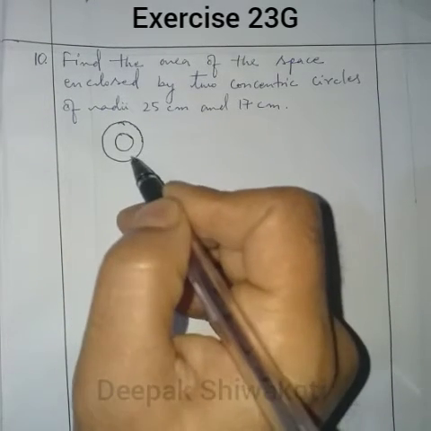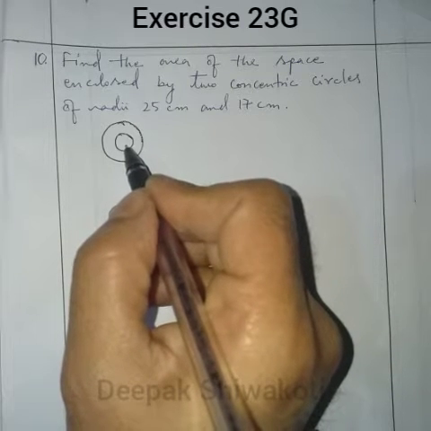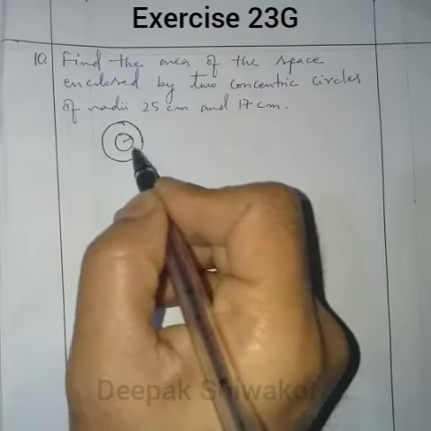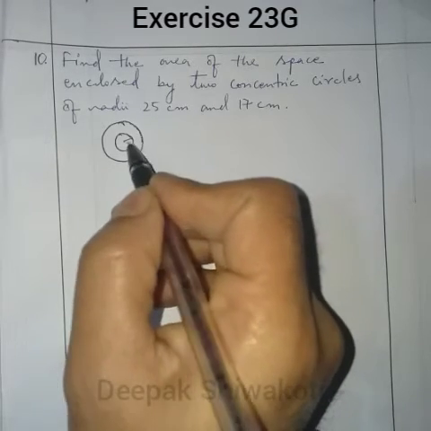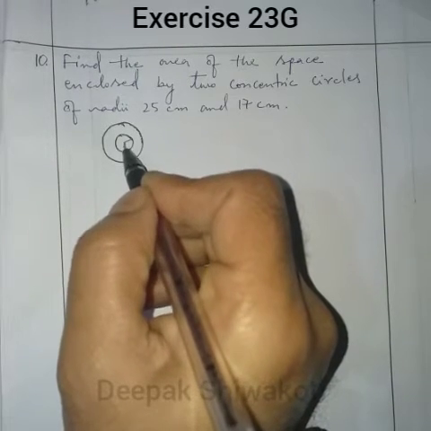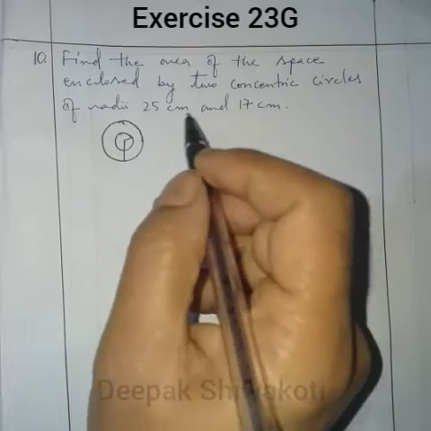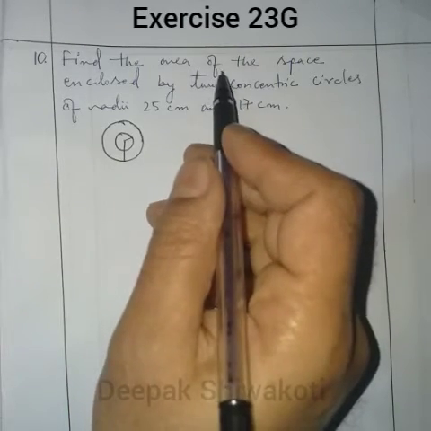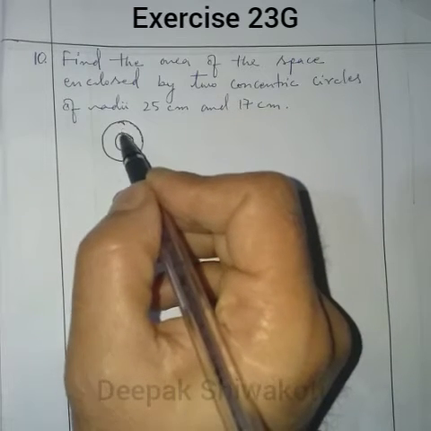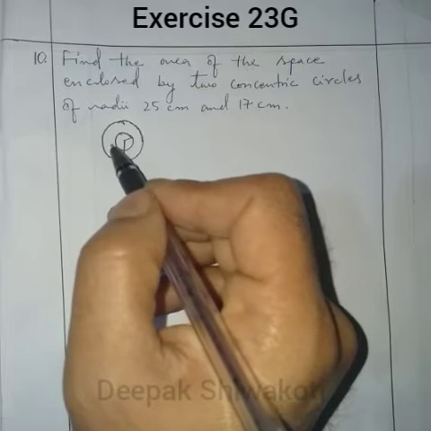The radius of the small circle is 17 centimeter, and the radius of the big circle is 25 centimeter, and we have to find the area of the space enclosed by the two concentric circles. So this area, that is the area of the ring, we have to find.